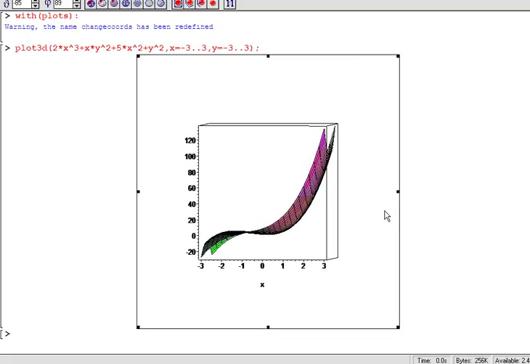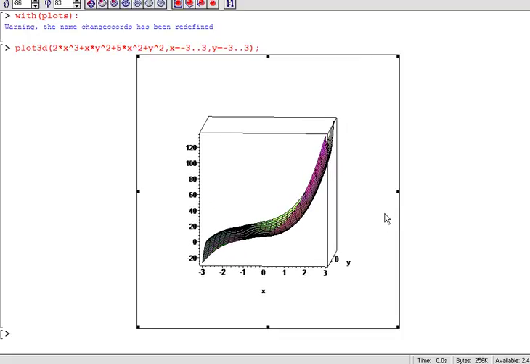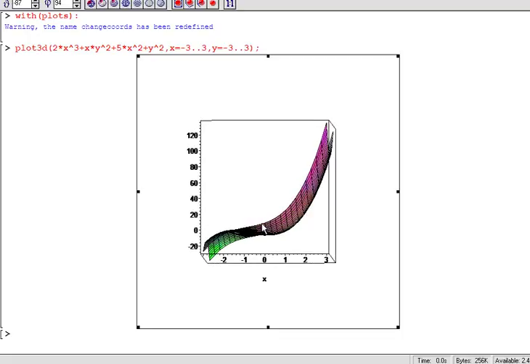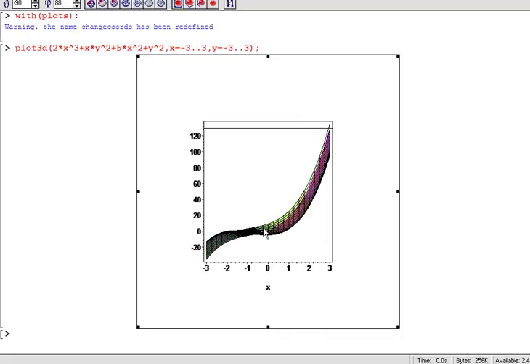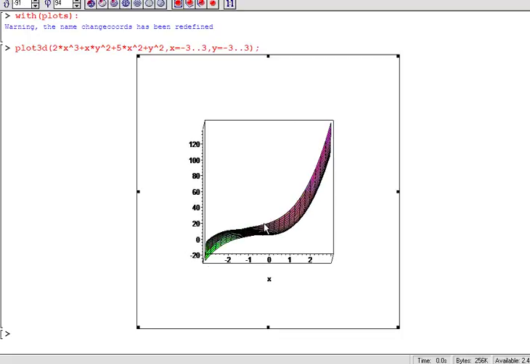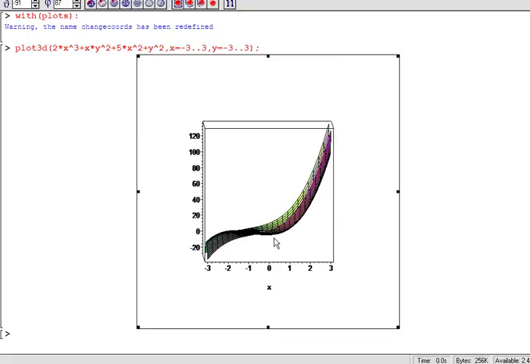And you can see when x and y are 0, 0, we have a low point right here, 0, 0 is right there.